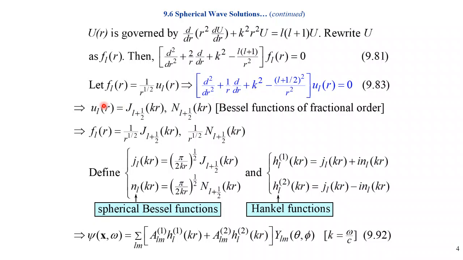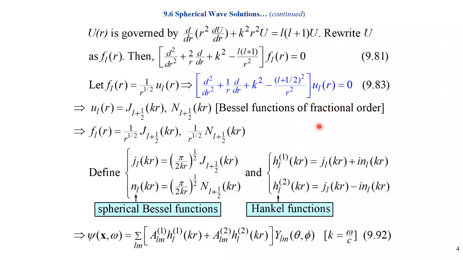Okay, let's move on. So UL, a function of R, can be rewritten in terms of Bessel function and Neumann function. It's R dependence, but it can also be expressed as Bessel function of fractional order, not integer, but fractional: 1 over 2, 1 over 3.